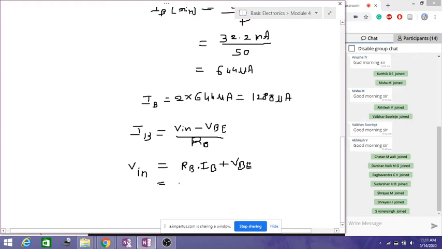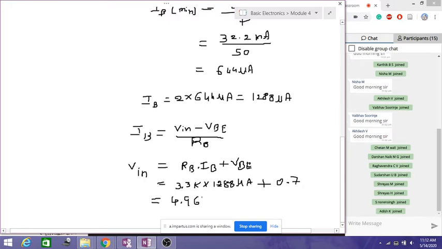So this is 3.3 kilo ohms into 1288 microamperes plus, we know that for a silicon transistor the VBE value will be equal to 0.7 volts. When we add up all these values, we should get 4.96 volts.